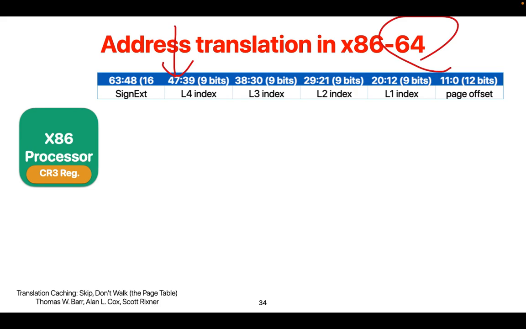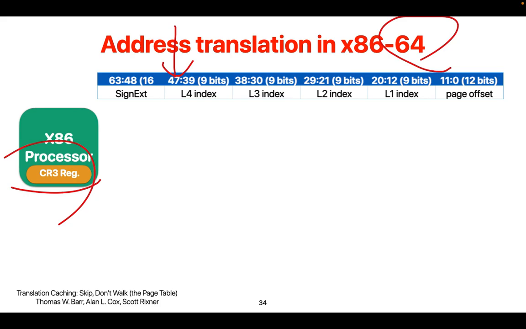So for an x86 processor, when a processor is designated for a process, the operating system will program its CR3 register.